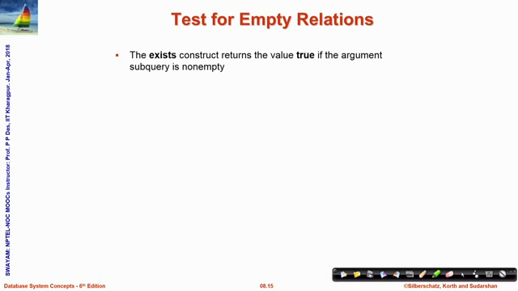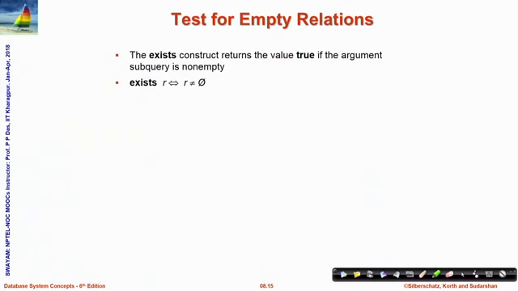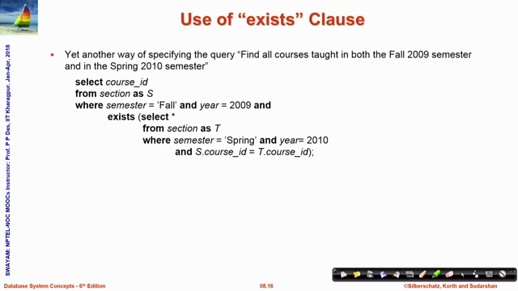You can test for empty relations by using the exists construct. If you say exists R, then that is a predicate which means that R is not empty. If R is empty, then exists is false, and not exists is the negation of exists.